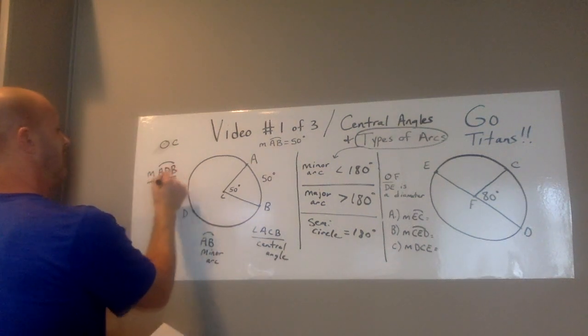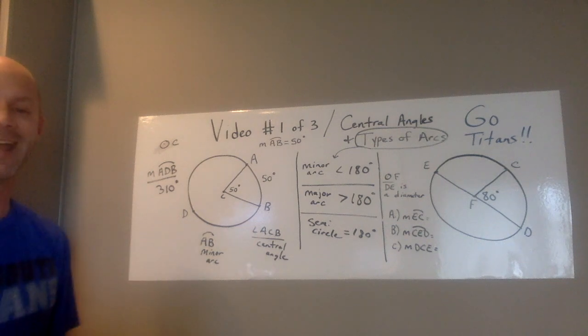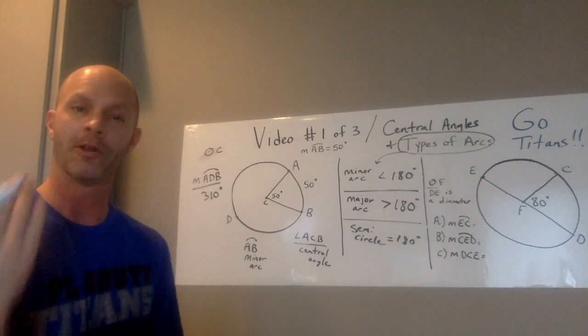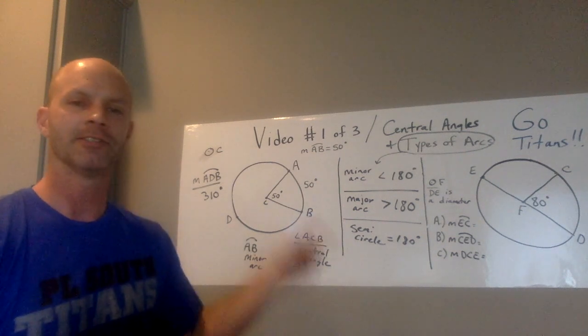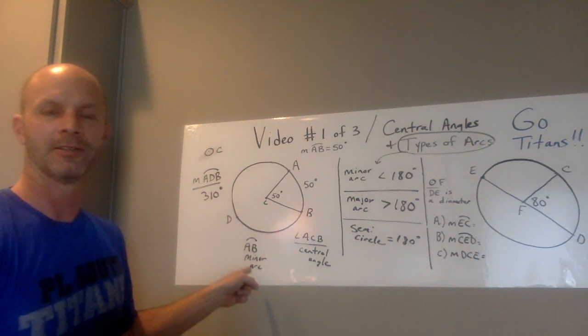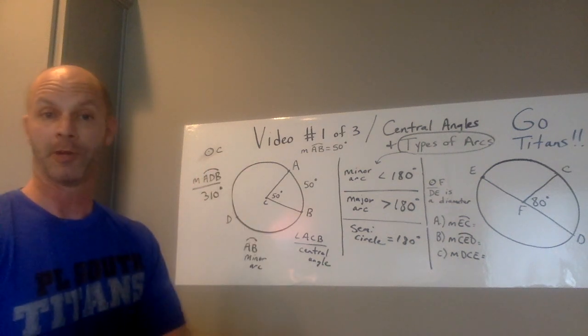So this is 310 degrees, and it's a major arc. 310 degrees, more than 180, less than 360, that's a major arc. So ADB is a major arc, AB was a minor arc. And then we would say the measure of ADB is 310.